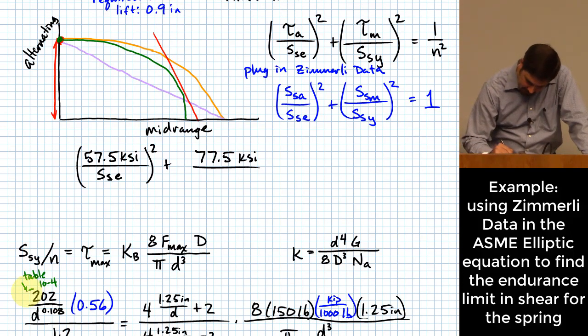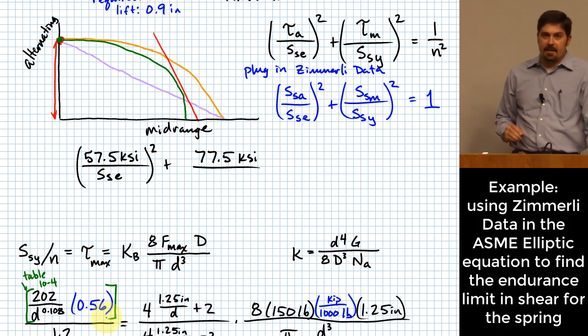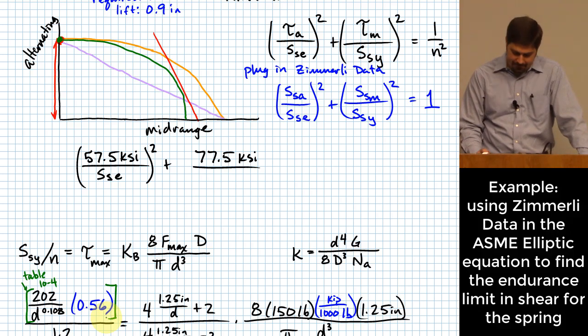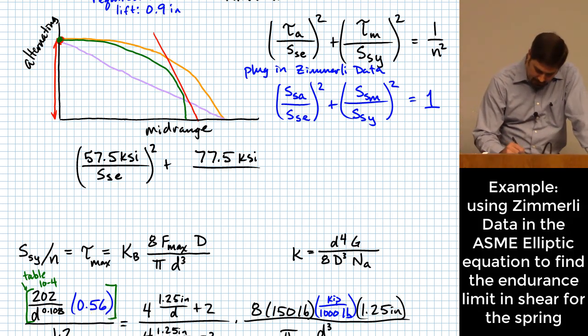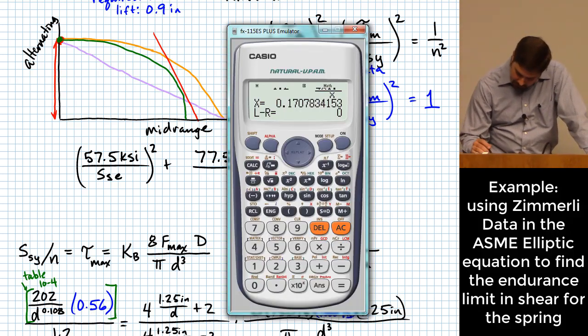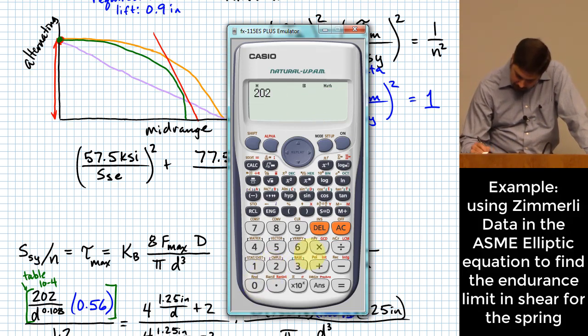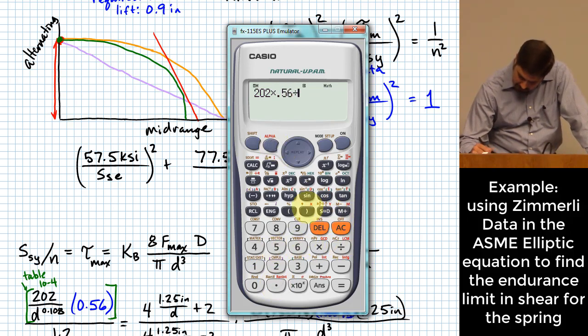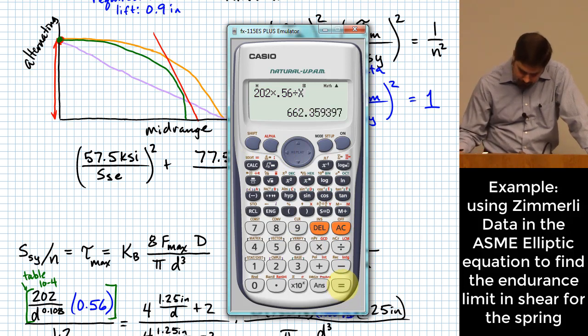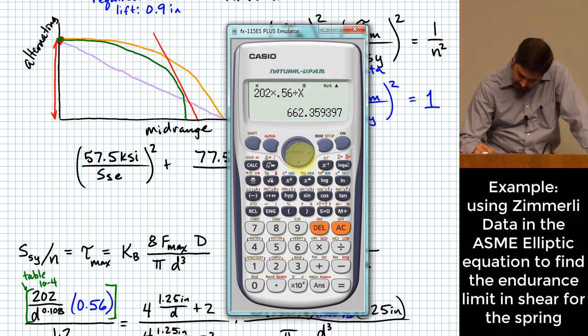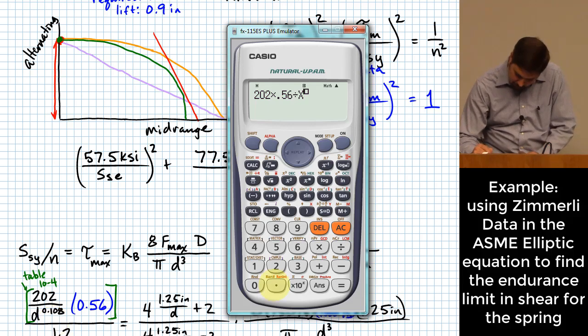The stuff that we had up here in the numerator, if I calculate all of that, that gives me S sub SY. So I'll go ahead and punch that in, I suppose. I already have D stored into X, and so basically I'll take 202 times 0.56 and divide by what I have stored in X. Yeah, thank you. Got to raise that to the exponent of 0.108.